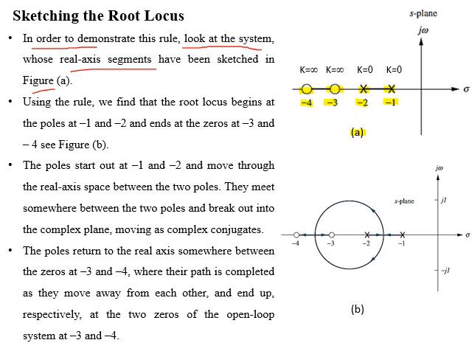From the last example, we concluded that when gain is equal to 0, the location of closed loop system poles will be that of open loop system poles. And for gain equal to infinity, the location of closed loop system poles will be equal to that of open loop system zeros. So that's why K equal to 0 and K equal to infinity are mentioned on poles and zeros respectively.